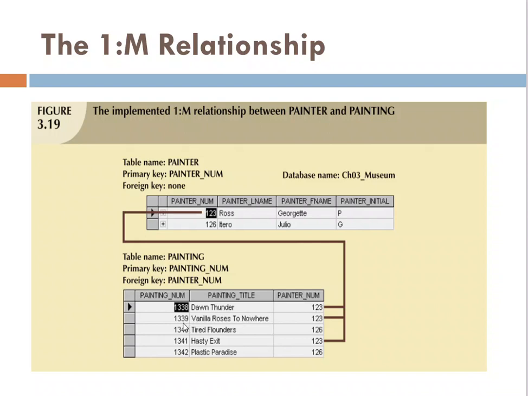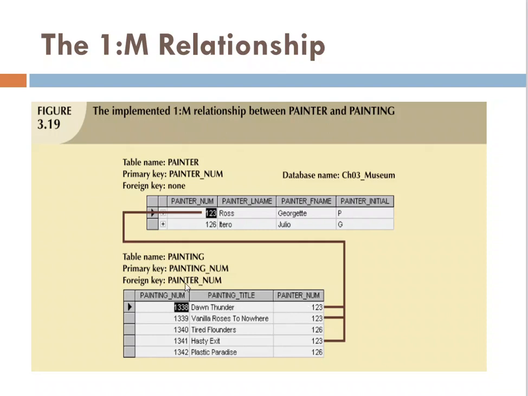Similarly, painting number 1339 is also painted by painter number 123, and also painting number 1341. So painter number 123 has painted 3 paintings. Jadi painter number akan menjadi foreign key di dalam table painting.